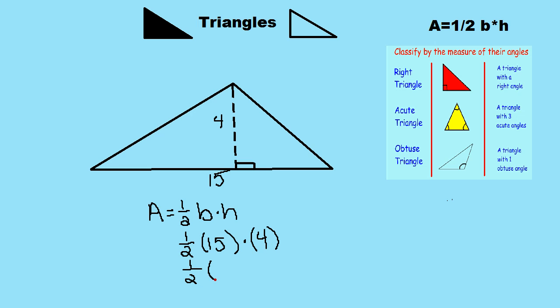So we're going to do 15 times 4 first, which is going to give us 60 square inches. And 60 times 1/2 is equal to the area of 30 square inches. And that's our answer.